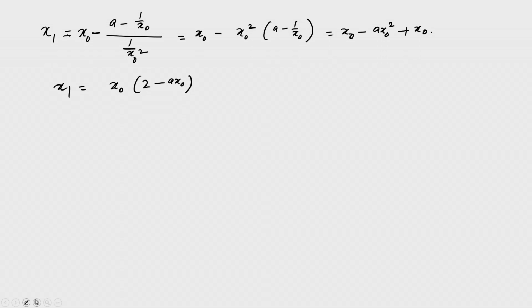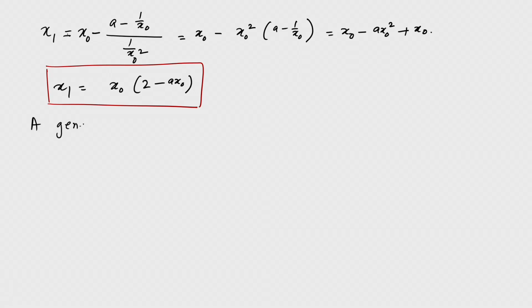So, this gives me an equation of x 1 in terms of x 0, and this is important for us. Let us see this carefully. A general iteration method can be used, because we have started with only a pair of values x 1 and x 0.